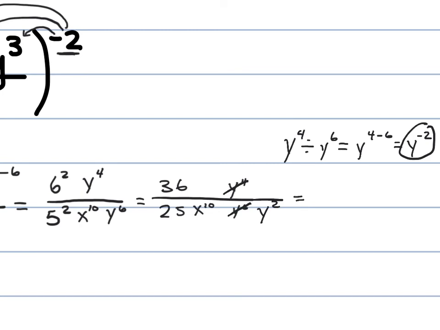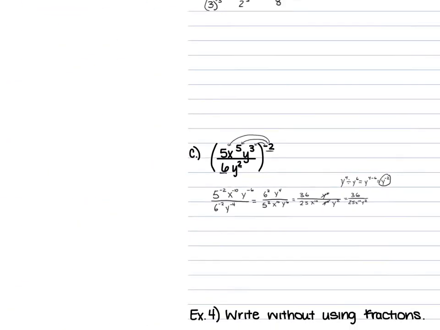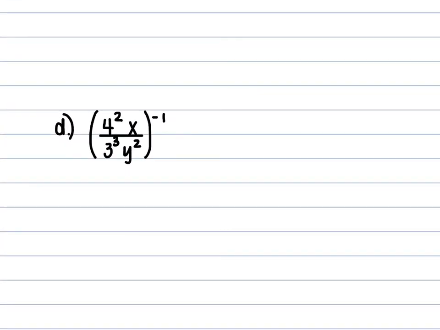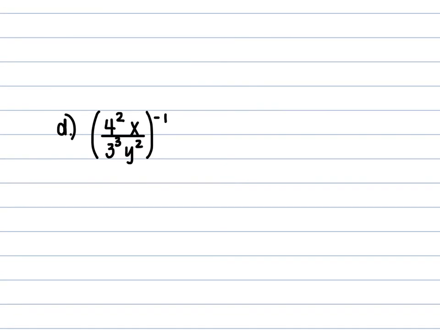So 36 on top, 25 on bottom. There's an x to the 10th power. There's a y to the 2nd power. That's it. So there's a lot of things to be comparing here. All right, one more in this area, and actually we're almost finished now.